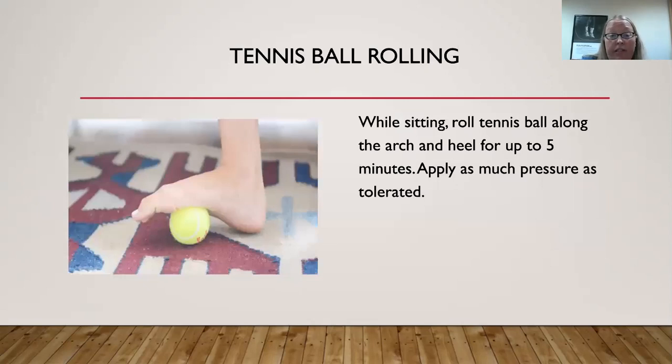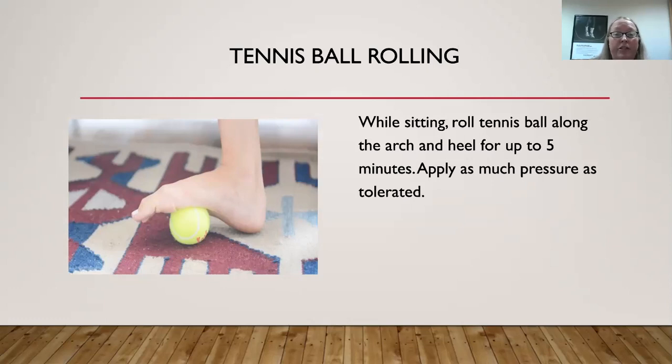One of my favorites for this is a great way to do a self-massage. If you remember earlier, we talked about an ice roll, which is basically taking a bottle of water and freezing it. I actually kind of prefer just to use regular ice, and then I like to do the massage using a tennis ball. I've had some patients tell me they use a golf ball. I think that's a little too rough.